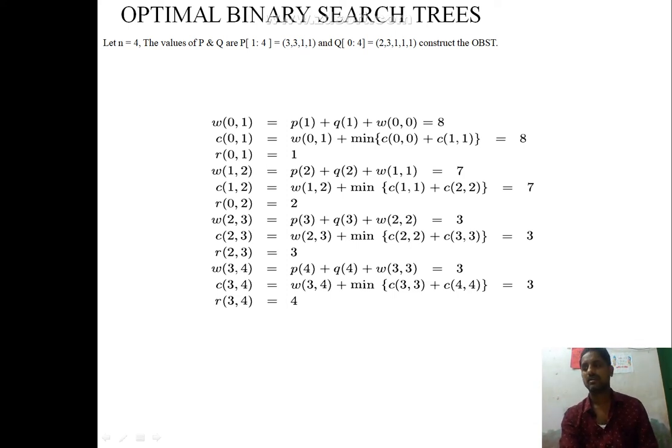That is one of the conditions. Initially, C of i comma i equals 0 and W of i comma i equals Q of i. Then R of i comma j is the root, used whenever you have to construct each tree T of i comma j, so that the optimal binary search tree can be constructed.